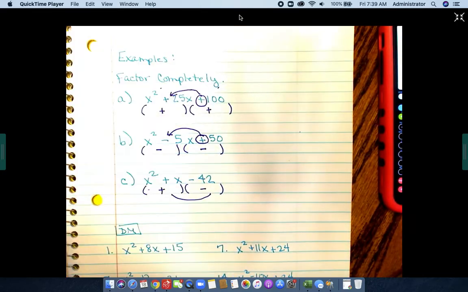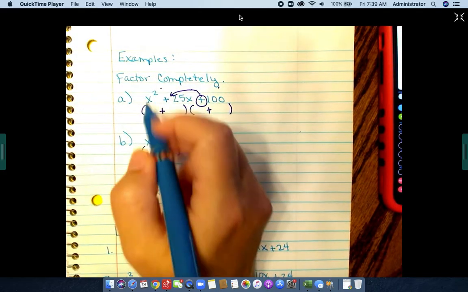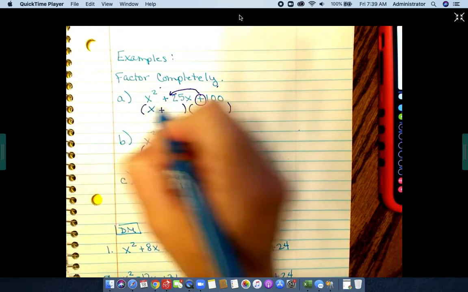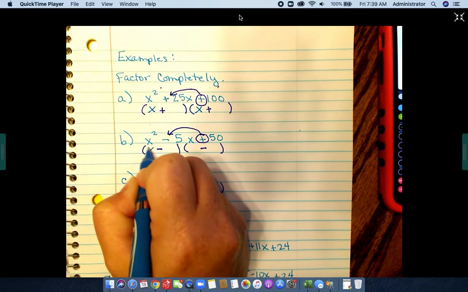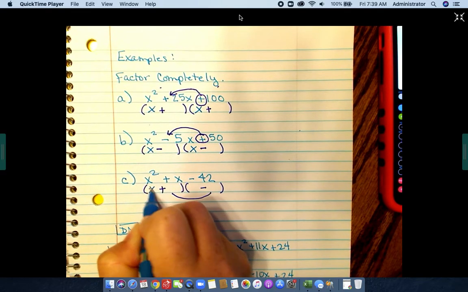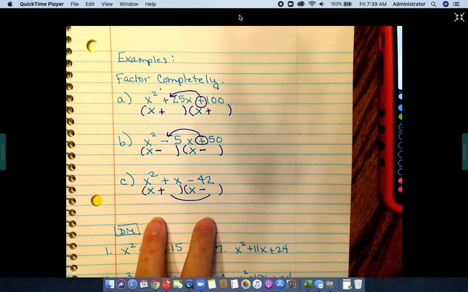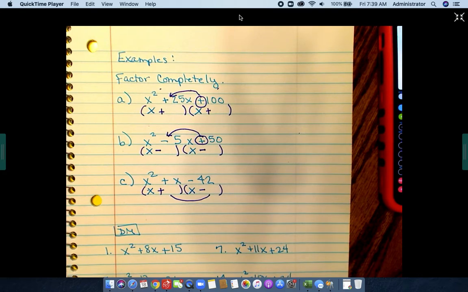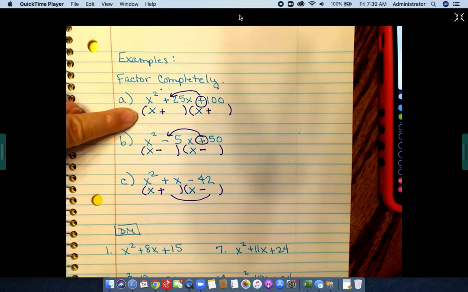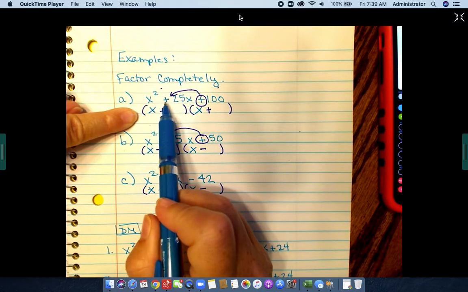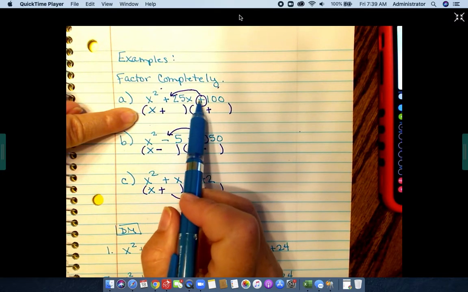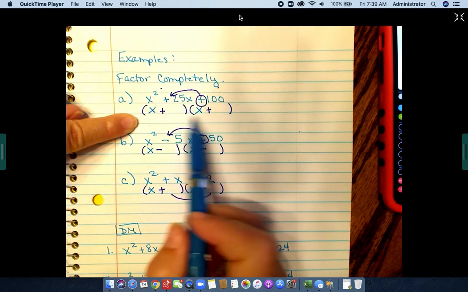And then, remember I told you that if it's x squared, it's going to be as simple as putting in x and x. So all of your answers today on Delta Math will start off just like this. Every single one. Write down the problem, write down your parentheses, write down an arrow if you have to look to your linear term to determine your signs.